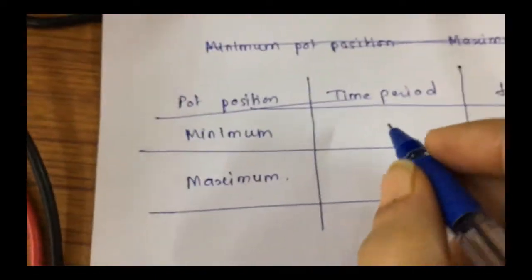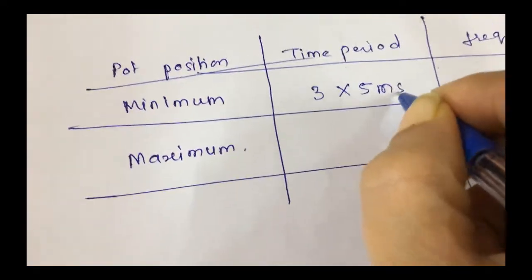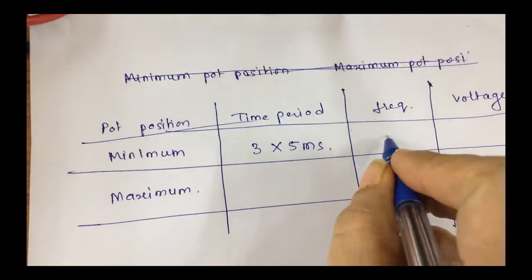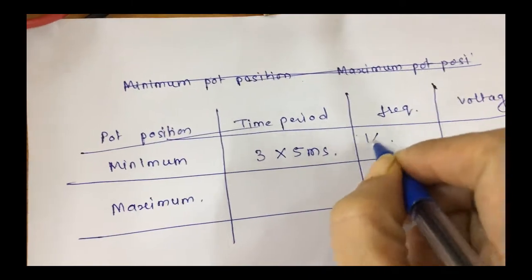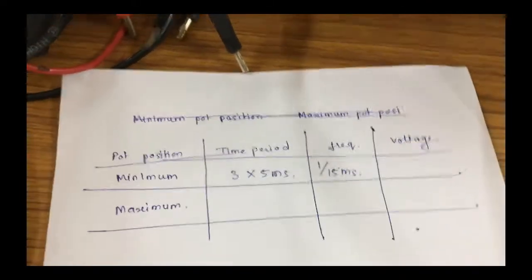So 3 into what is the time per division? 5 milliseconds. So time period for this minimum pot position is 3 into 5 milliseconds. From that we can calculate the value of frequency, which is 1 upon 15 milliseconds. Okay, then we will calculate it later on.